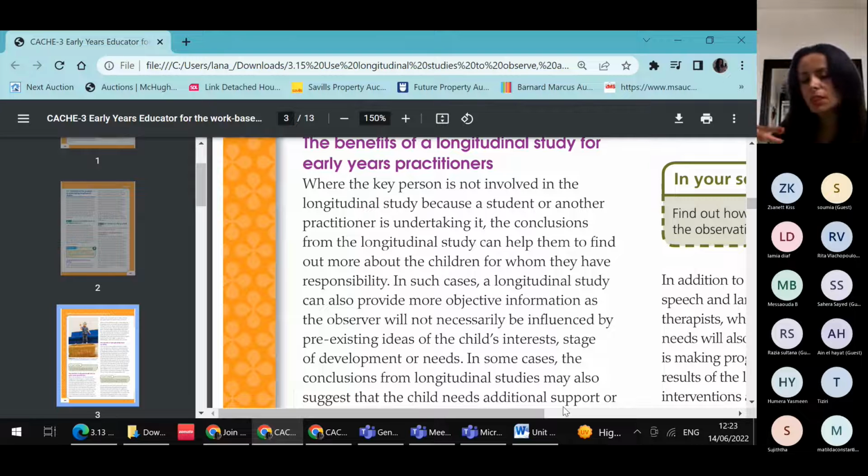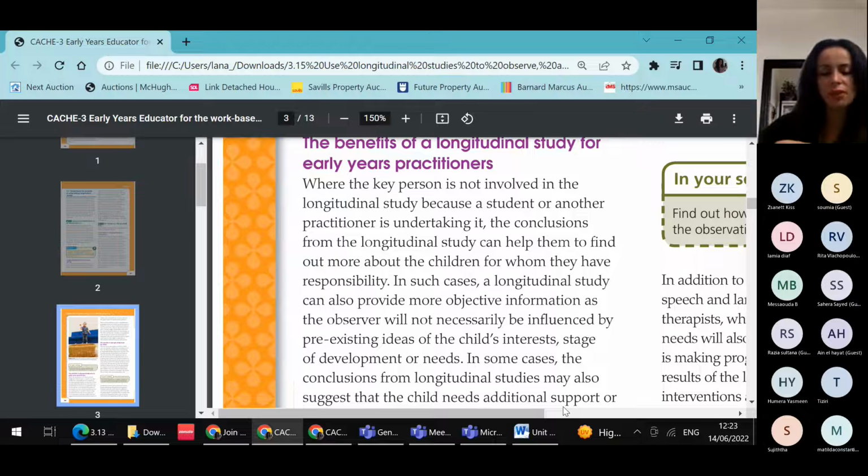But if this longitudinal study is done by another practitioner, the conclusion from this study can help them to find out more about the children for whom they have responsibility to take care of.